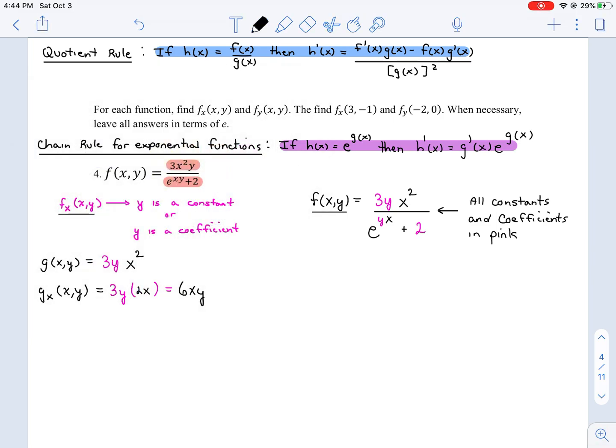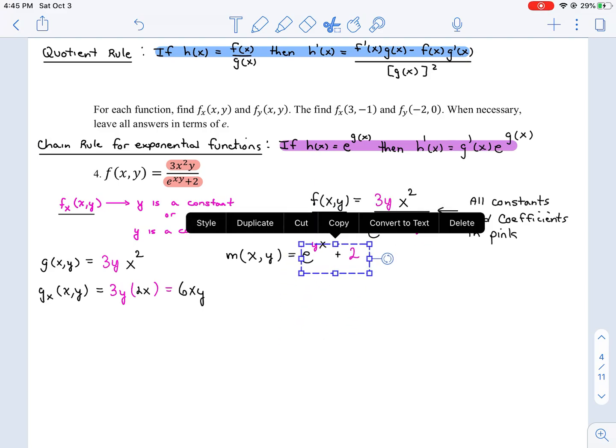Now for the denominator. You can label the denominator whatever letter you like, except for G and except for F, because both of those letters are already taken. So I decided to use M. So here's the denominator.